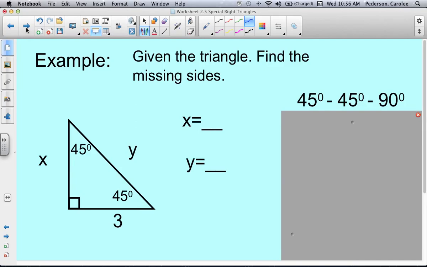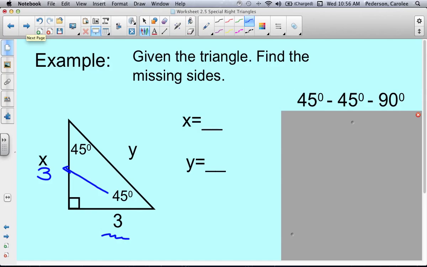The next example, we give you one of the sides, but now the side opposite to 45 degrees is a distance of 3. And we want to find the length of X and Y. Well, the side opposite 45 degrees also is 3.